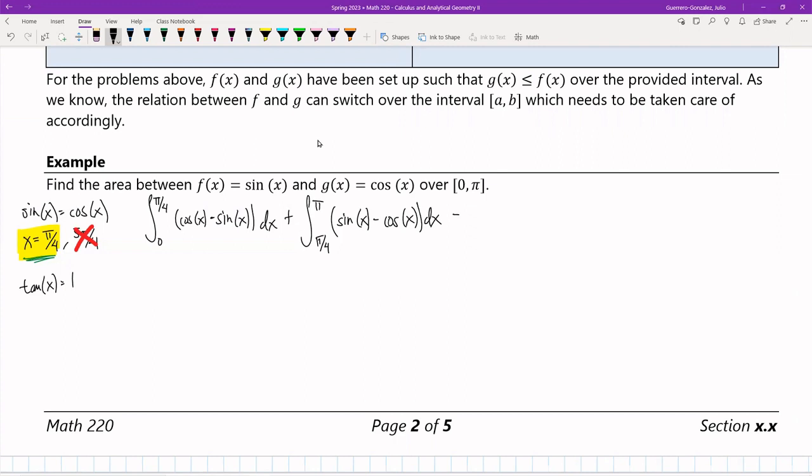Now, if you look at all of these, we can split up our integrals a little bit.